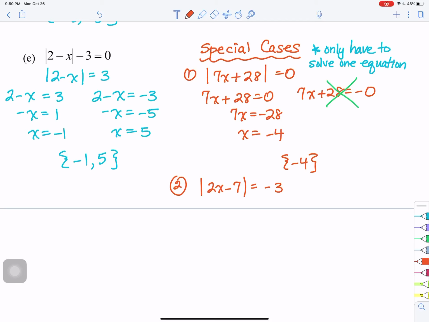Now think about this. If you take the absolute value of anything, will it ever equal a negative? Never. It's always positive. So this is the null set. There are no solutions. So it's a really good example. If you isolate the absolute value and you end up with a negative on the right-hand side, there is no solution. And that ends this last part of section 2.6.